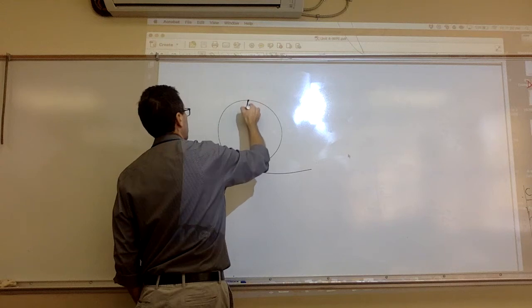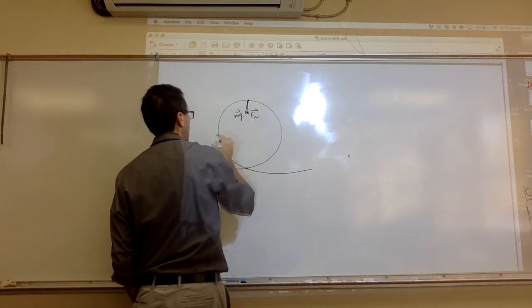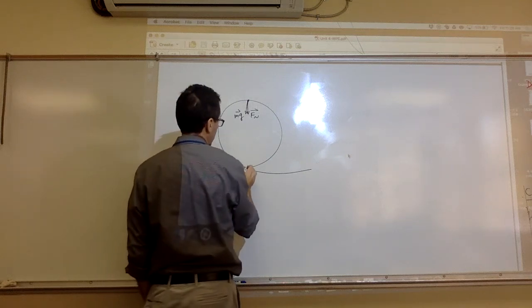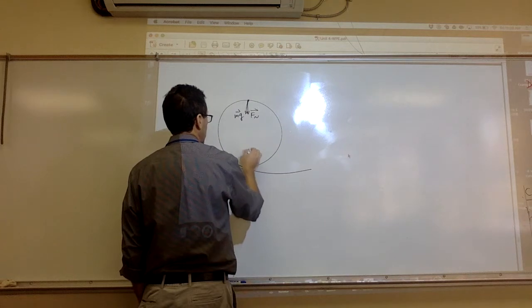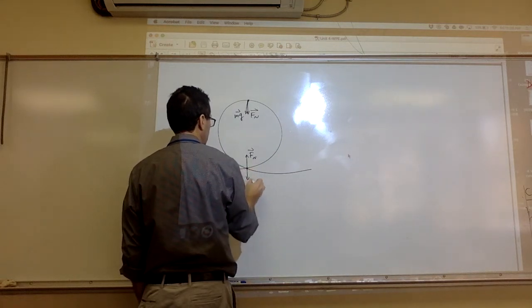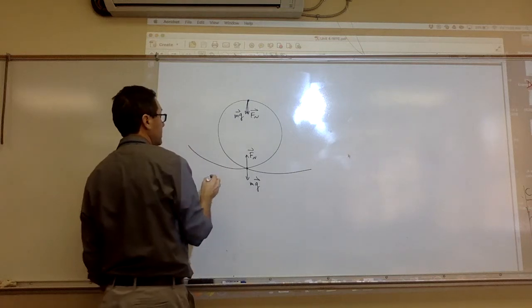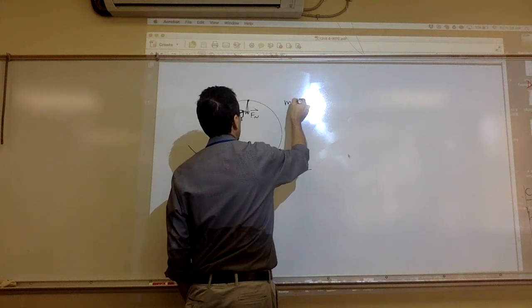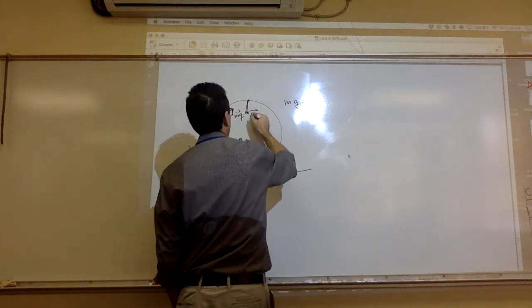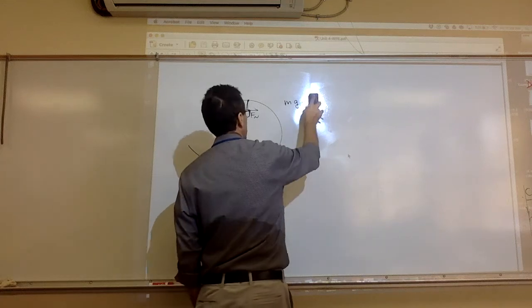When you're up here, you have your mg and you have your fn. When you're down here, you have fn and you have mg going the other way. Now, fn has to be bigger here. So let's do the centripetal force business.